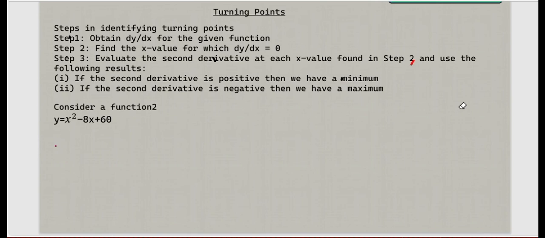So before ending this lesson, I felt it was important for me to mention this so that you know why do I even need a turning point? Why is it important?